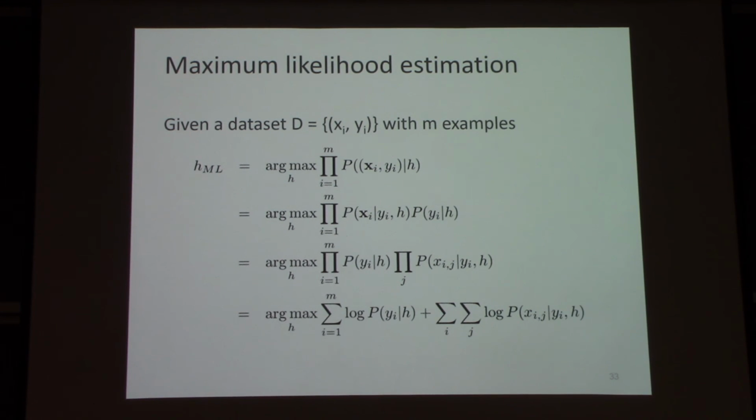And so, in order to get the maximum likelihood estimate, all you have to do is maximize this entire sum. It's exactly the same. Now what?